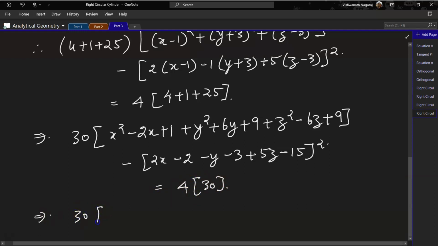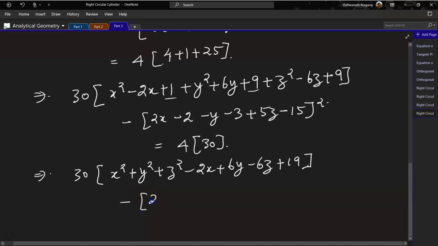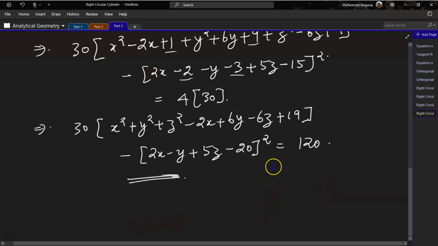That implies 30 times (x square plus y square plus z square minus 2x plus 6y minus 6z, and then we have 1 plus 9, 10, 10 plus 9, 19, so plus 19) minus (2x minus y plus 5z, and then we have minus 2 minus 3 minus 5, minus 5 minus 15 is minus 20) square is equal to 120. That is the equation of the right circular cylinder.